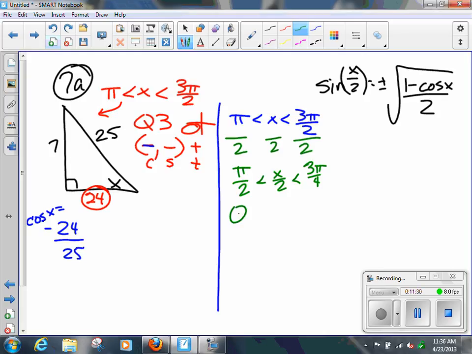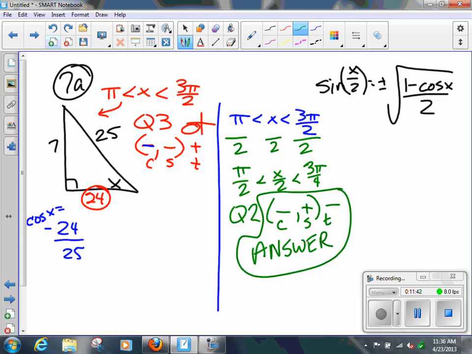Quadrant 2, which is negative, positive, negative. Do you guys agree with that? This is for my answer. Put that down. This is going to help us for my answer.